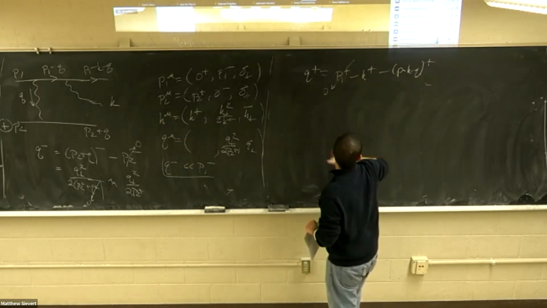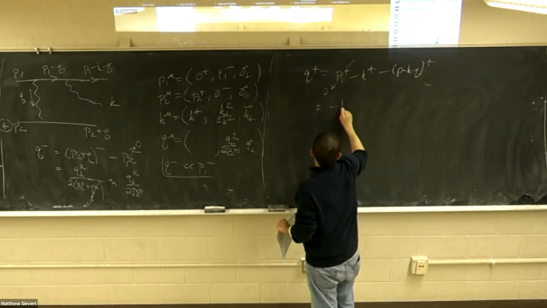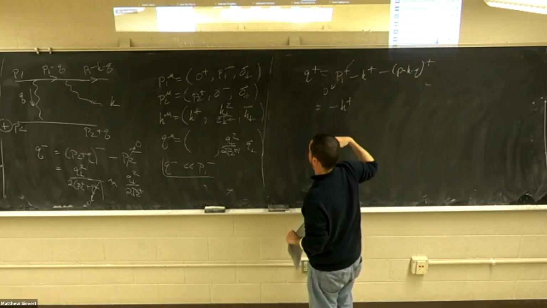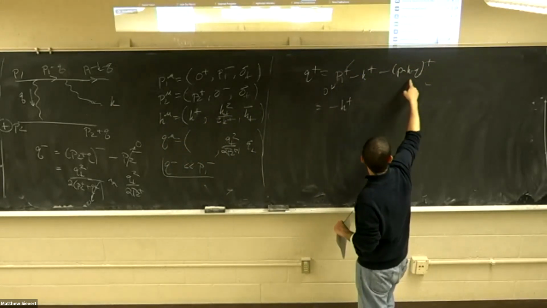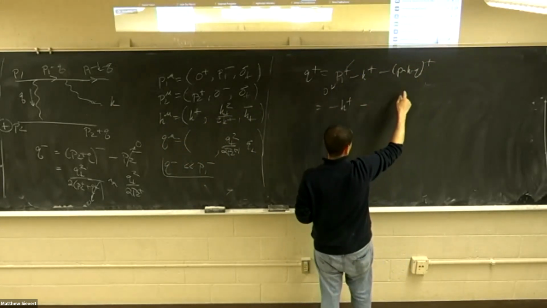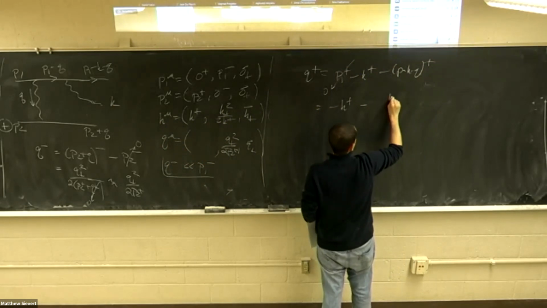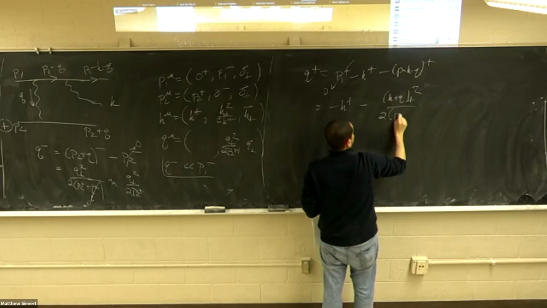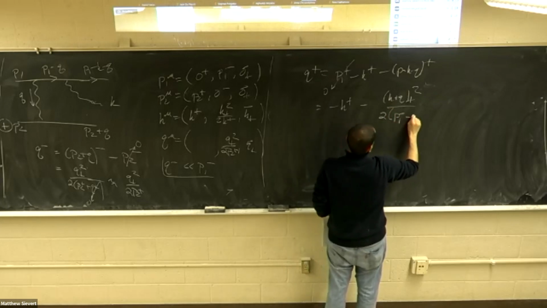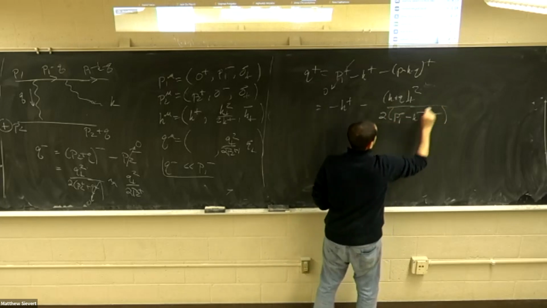P1's plus component is exactly 0. K plus is one of the variables that I want to keep as free and express my answer in terms of. This one is on shell. Its plus momentum is K plus, Q perp squared over 2 times (P1 minus K minus Q minus).